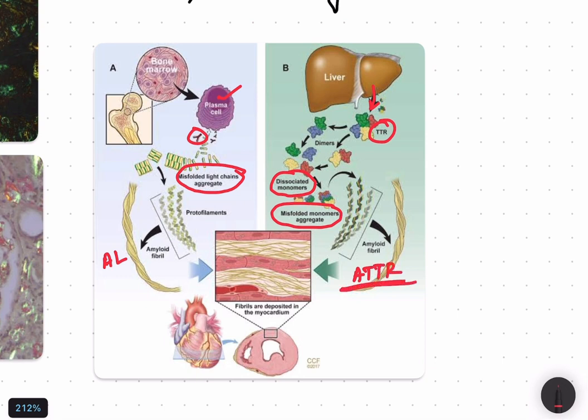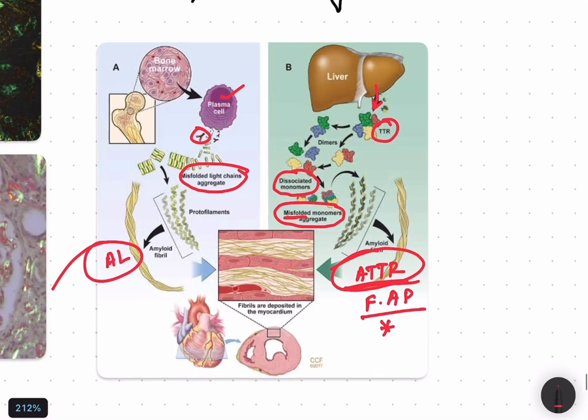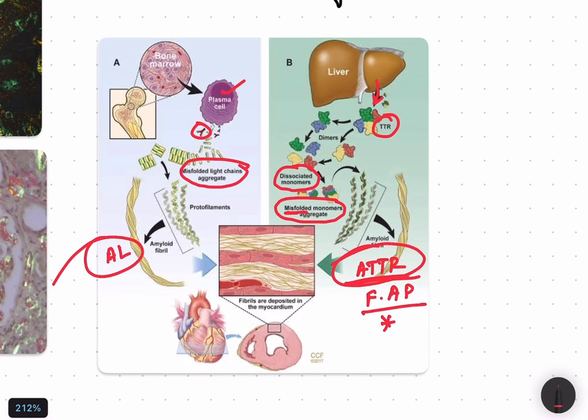If it is misfolded ATTR, please remember this is seen in familial amyloidotic polyneuropathy. It's a familial condition. So ultimately this abnormal AL or ATTR are the abnormal amyloid proteins. Now these abnormal proteins can get deposited in many areas like the heart, joints, tendons, and in the median nerve, which can lead to carpal tunnel syndrome.